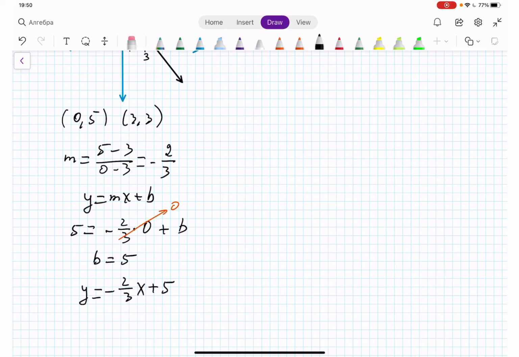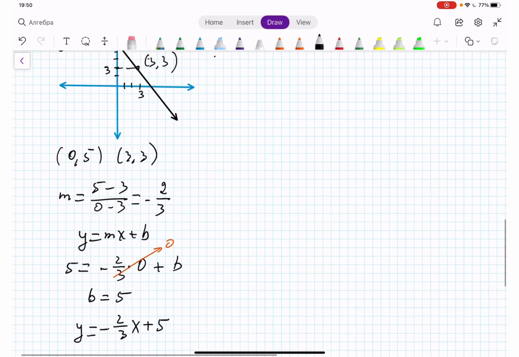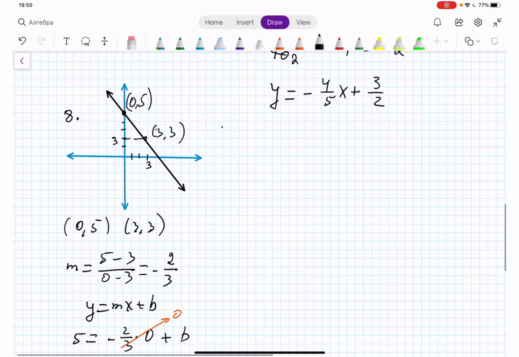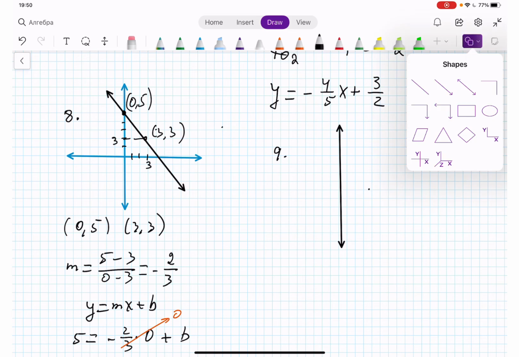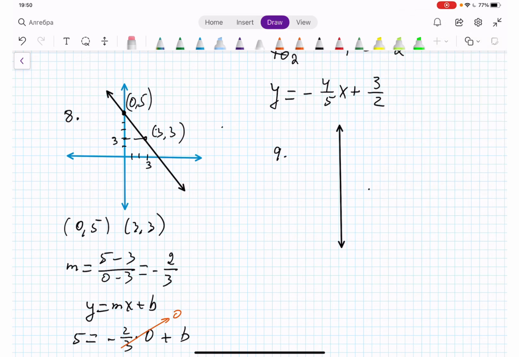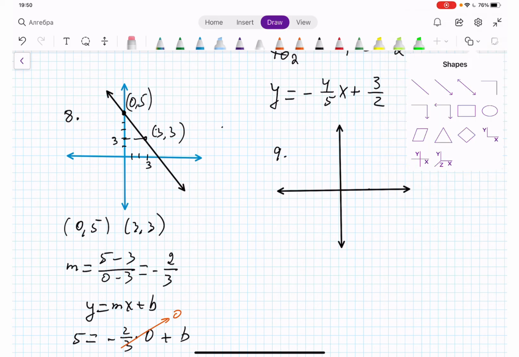Next question, number 9. I have a graph, and my graph is going like this.